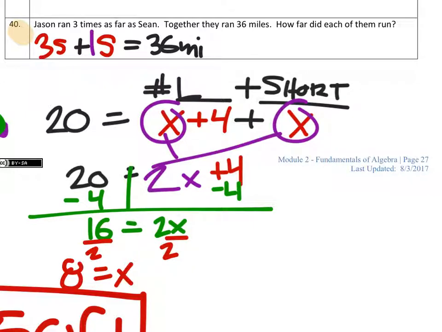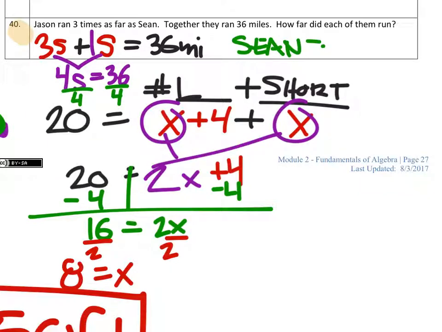That's 1 Sean. So combined, 4 Seans ran 36 miles. And if we solve this, we'd divide by 4, and we'd find that Sean ran 36 divided by 4, 9 miles.